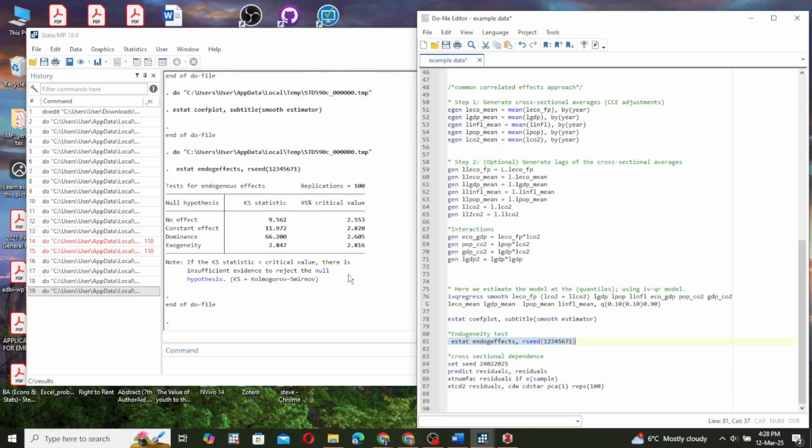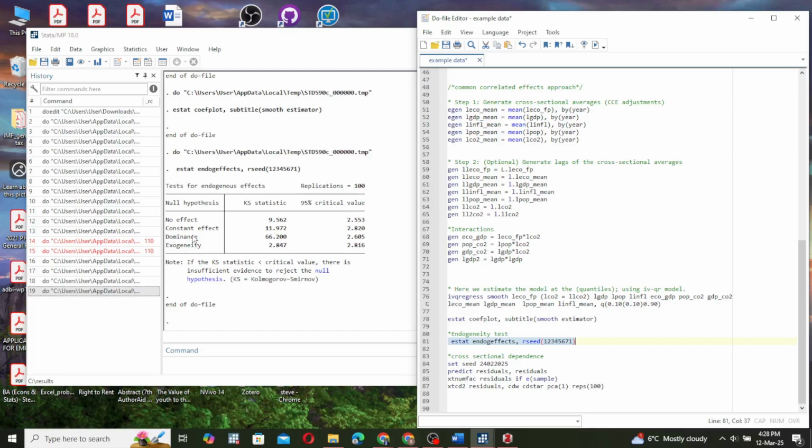Right. So from the first effect we try to test, the null hypothesis is no effect. But when you compare the statistic and the critical value, you find that there's indeed some effect. The second null hypothesis says constant effects, but the effects vary because of the high statistic compared to the critical value.